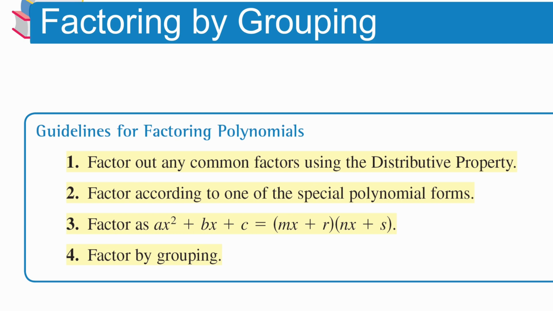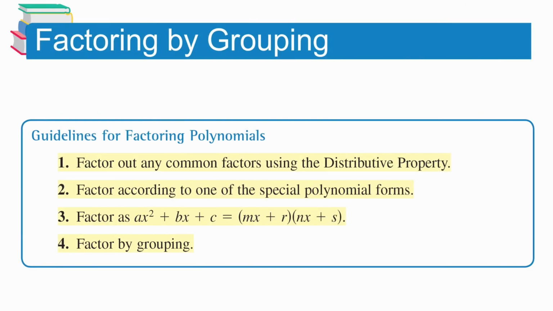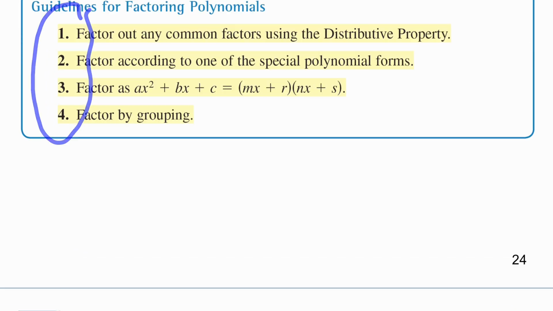Hopefully, though, especially if you've already factored out common factors, the A, B, and C won't have a lot of factors. They won't be very big numbers, and that'll be helpful. And then our last effort is what we just tried on the factoring by grouping. So that's the fourth thing that you can try on your factoring.